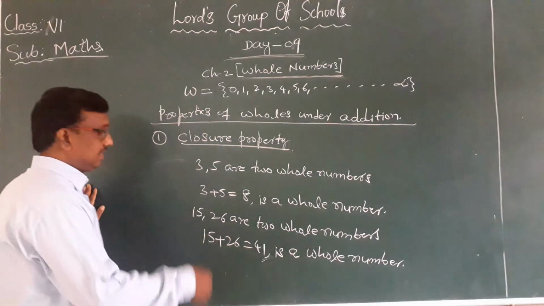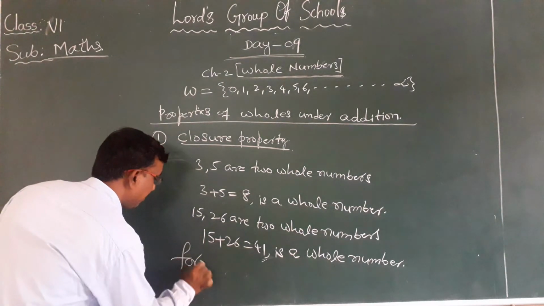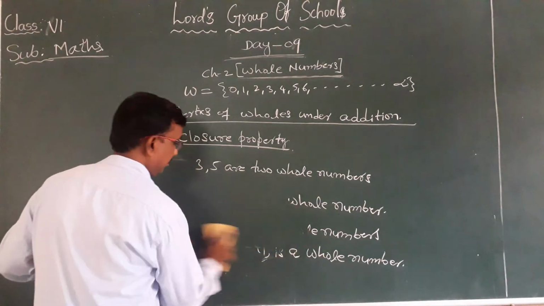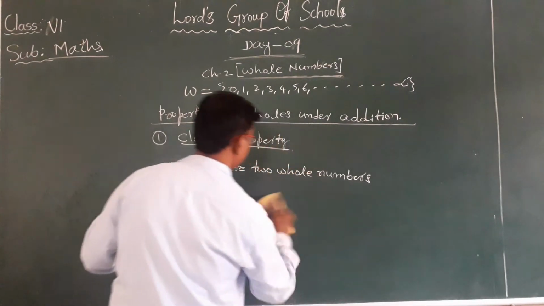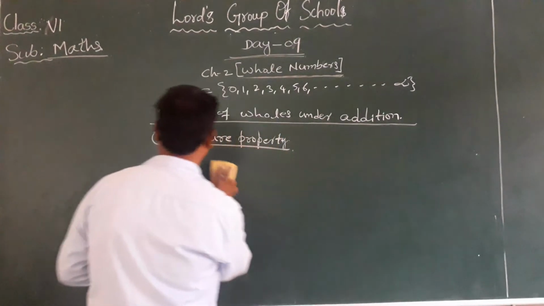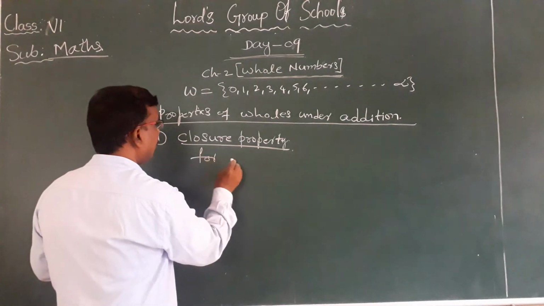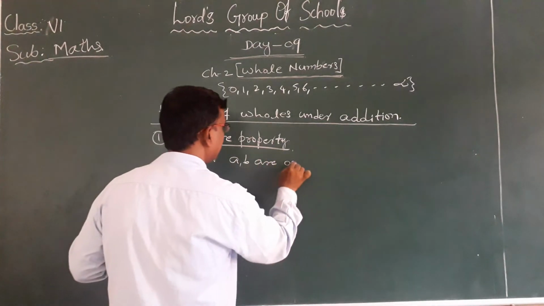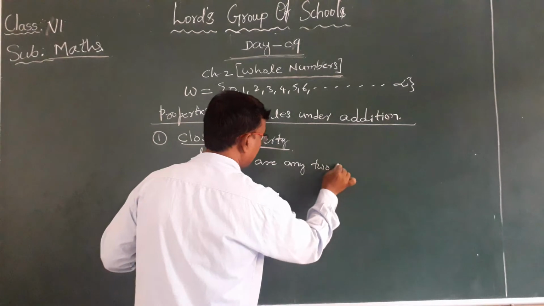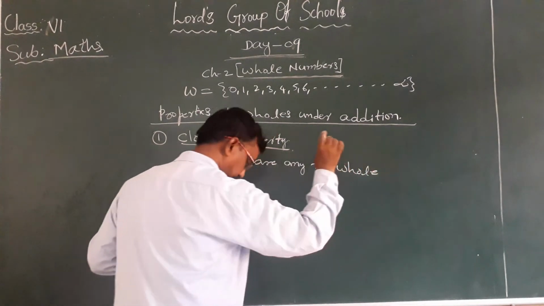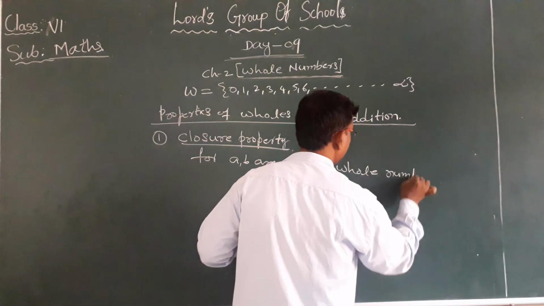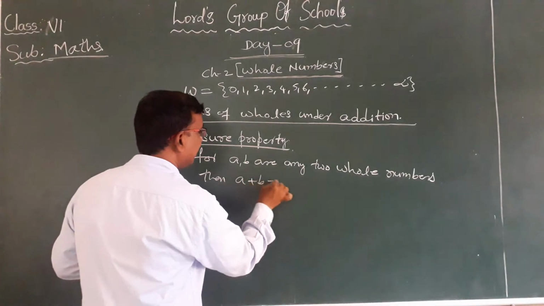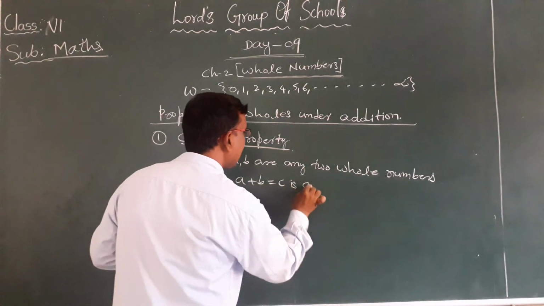If you want to generalize, for any two whole numbers, A and B are any two whole numbers, then A plus B is equal to C, which is also a whole number.